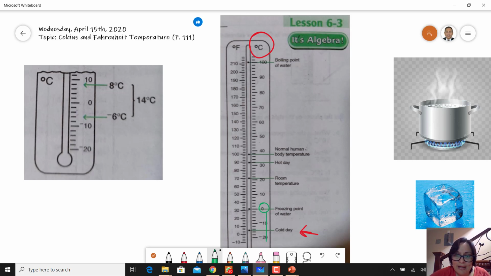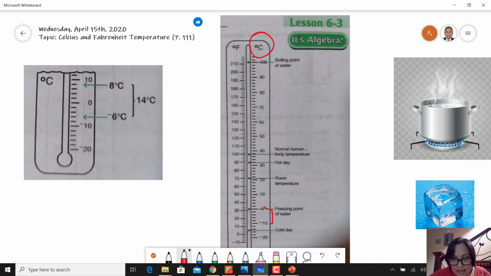De 0 para arriba empezamos a contar hacia arriba, pero de 0 para abajo contamos hacia abajo. Así que de 0, de este punto 0 hasta acá tenemos menos 10. Sigamos contando hasta llegar al cold day.